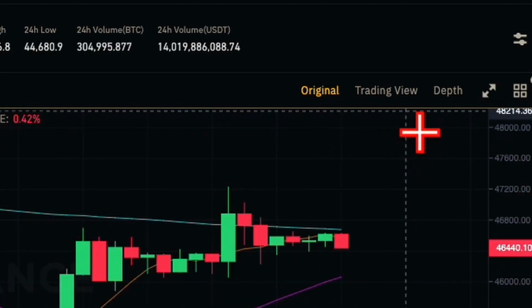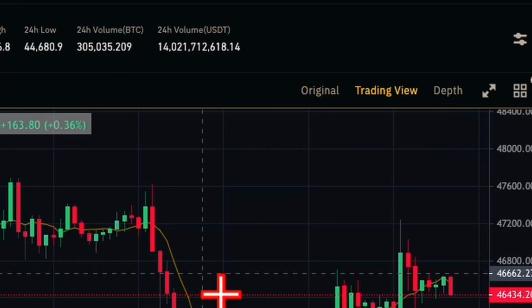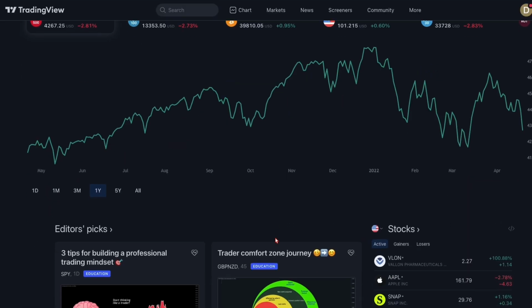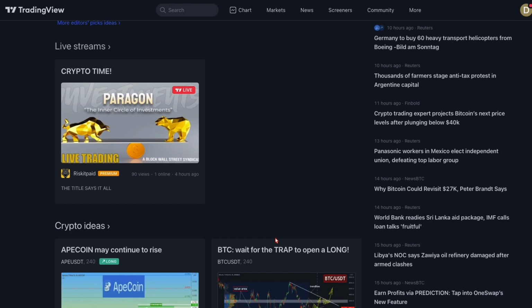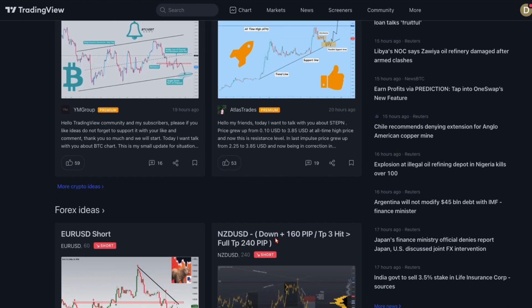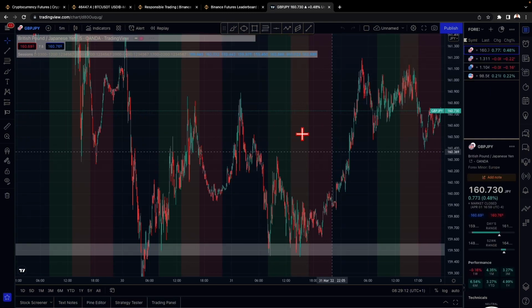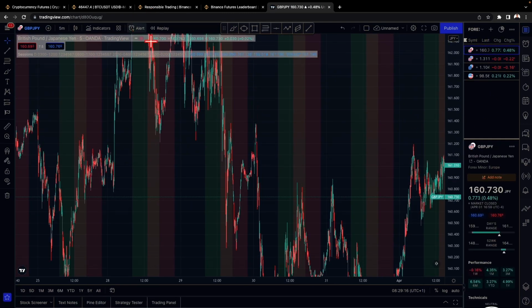The two are the same thing, just that original is Binance's own chart, and TradingView is the chart imported from TradingView, which is a website of its own. Most trading that people do actually happens on TradingView. It tracks the market and it has different charts, so it's very easy to navigate. It has a good user interface and good transactions, so it's very popular in the trading world.